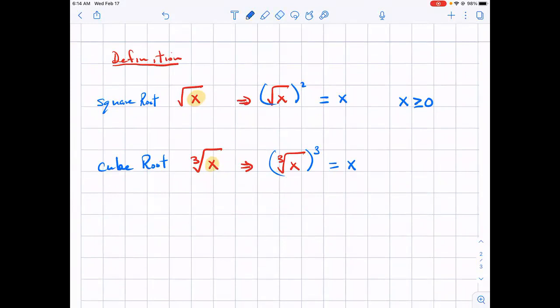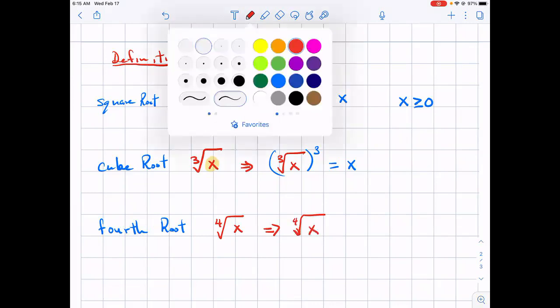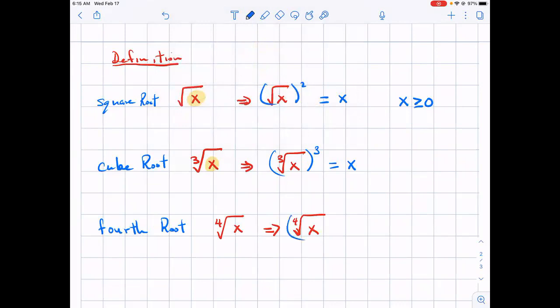Now, if we look at the fourth root, so now we have the fourth root of x, and we will see that if we raise this to the fourth power, this is equal to x.